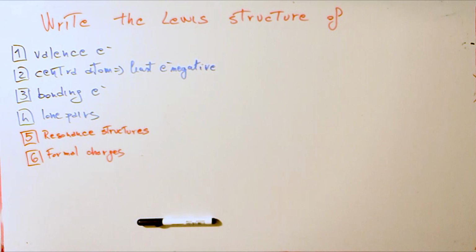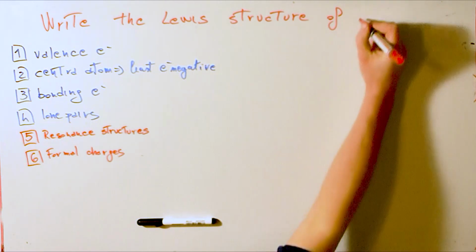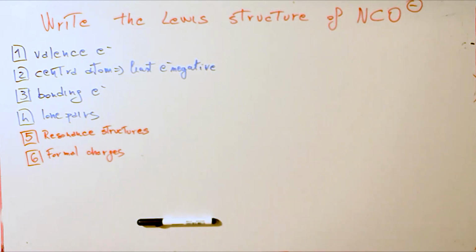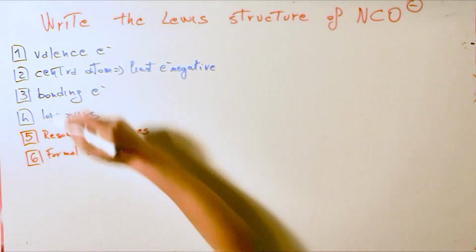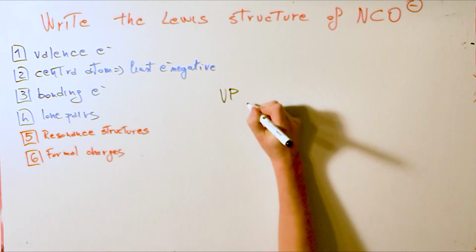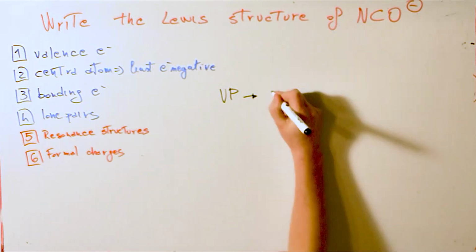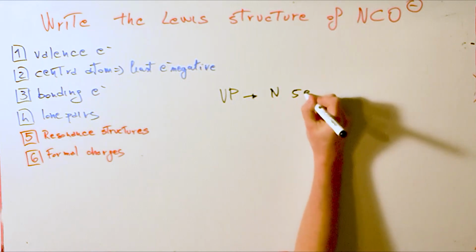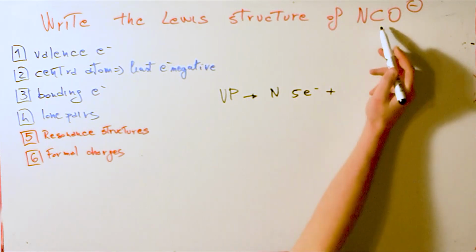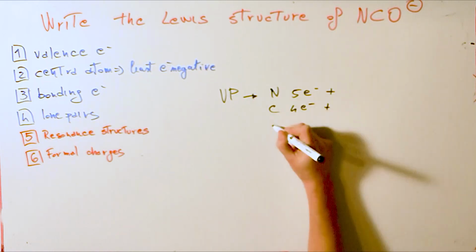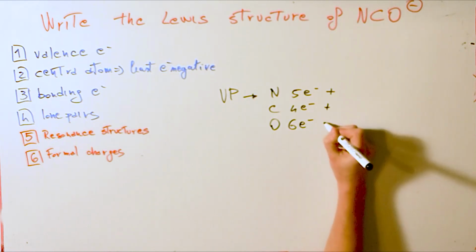So the fourth exercise is about the molecule NCO-. Actually it is an anion. Again, let's calculate the valence electrons. For nitrogen it is 5, plus carbon is 4 electrons, oxygen is 6 electrons.